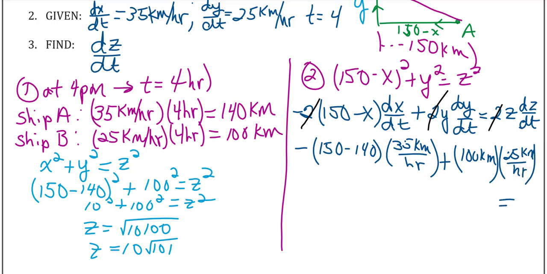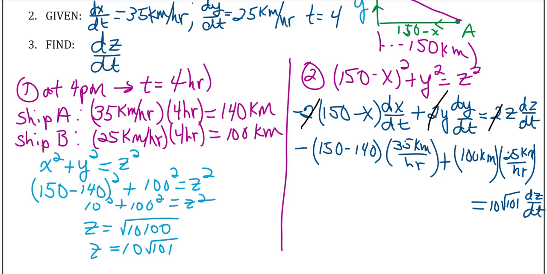That equals my 10 times the square root of 101, and that's going to be times dz/dt. So now it's just a lot of algebra to clean up here.